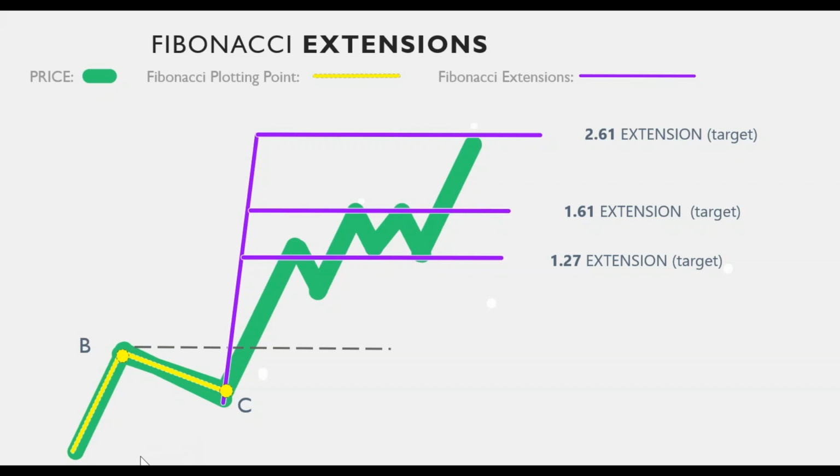Now let's just take a look at how we can use this with the measured move. Before we go from A to B and B back to C, and then we make a measured move here when it gets higher than B, and this is for up. And then you can actually use Thinkorswim. It's just click and drag, and it automatically puts in the 1.27, the 1.61, and the 2.61.